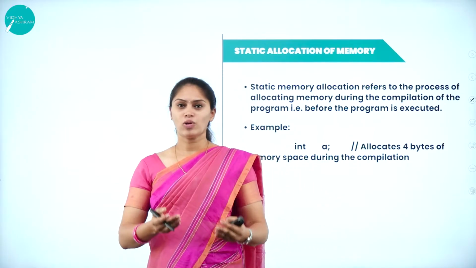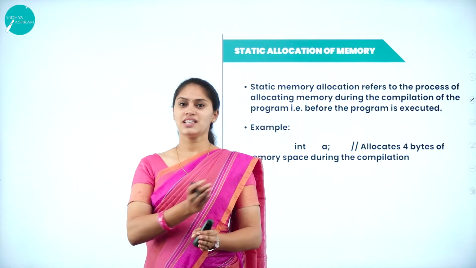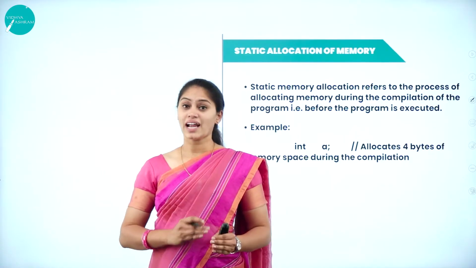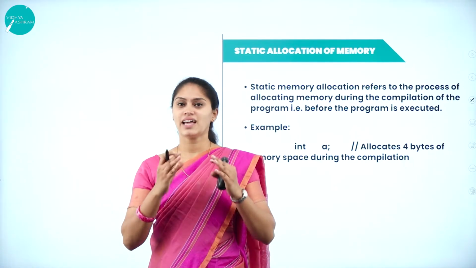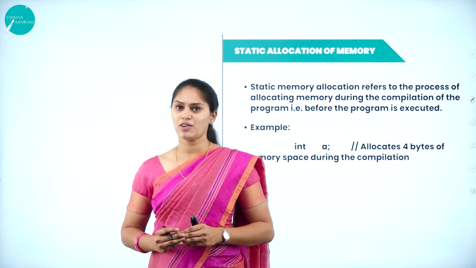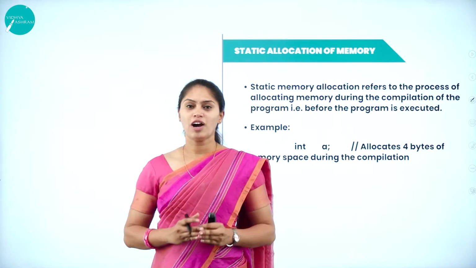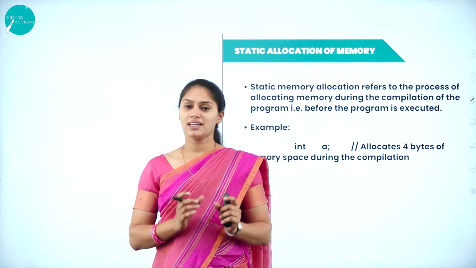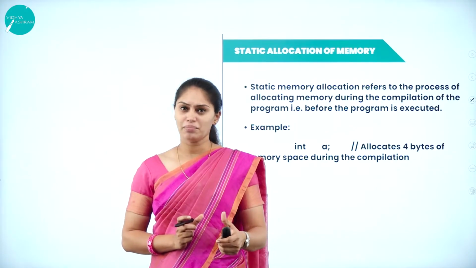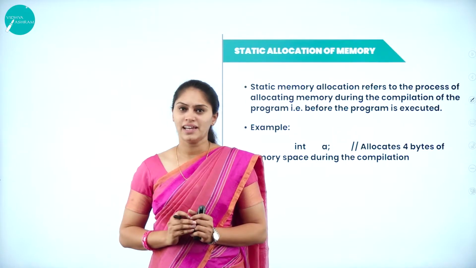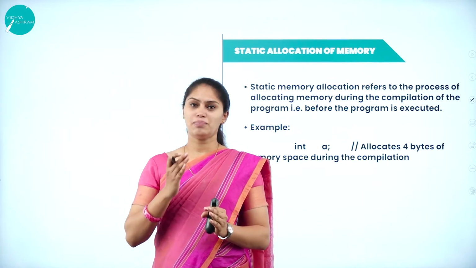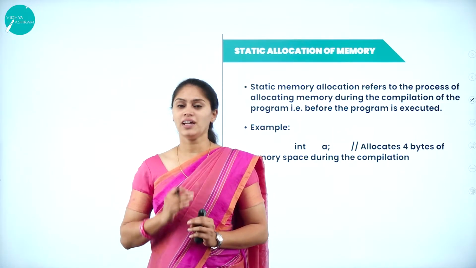If I am allocating the memory before the execution of a program, or at the time of compilation, that kind of memory allocation is known as static allocation of memory. You have to remember one thing: static means it will happen at the time of compilation. That means it takes place before the execution of a program.